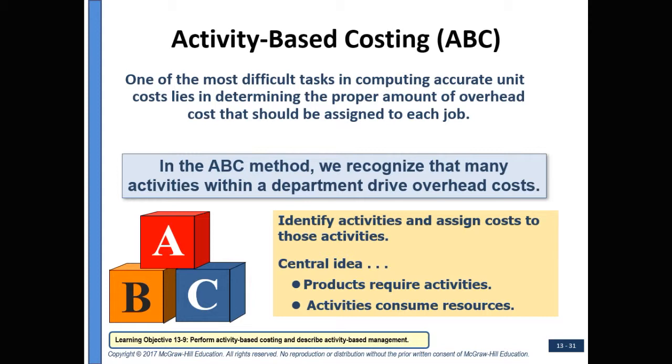There might be a lot of other things that actually drive that. In ABC, activities are identified and costs are assigned to those specific activities. The central idea behind ABC is that products require activities and activities consume resources.